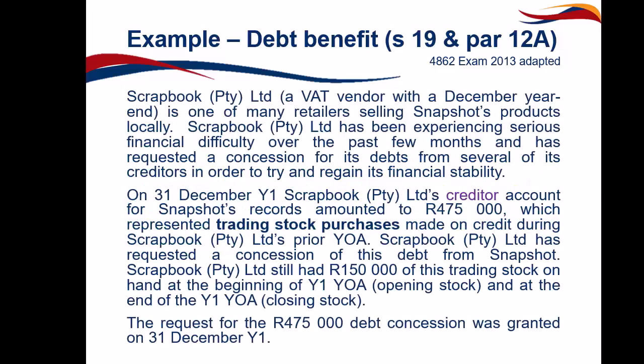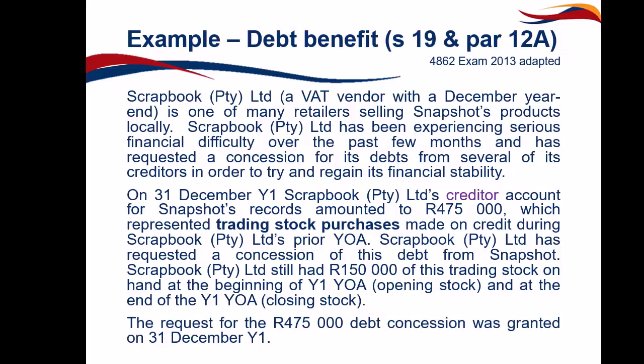Let's read the scenario. First, before we read the scenario, I want us to have a certain thinking process. With section 19 and paragraph 12A, we need to ask ourselves a few questions, and those questions must be at the back of our mind when we're reading the question. The first question is whether or not section 19 is applicable.